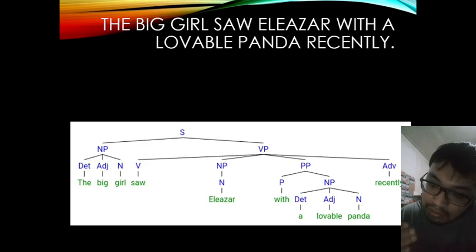And we have the adverb recently, which modifies the entire verb phrase to indicate time.